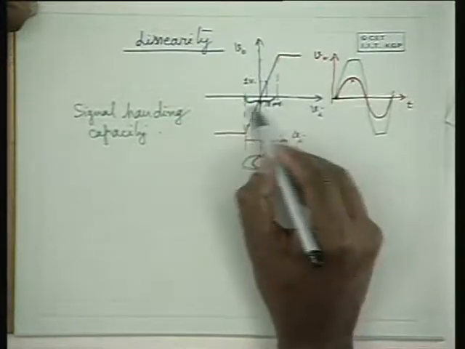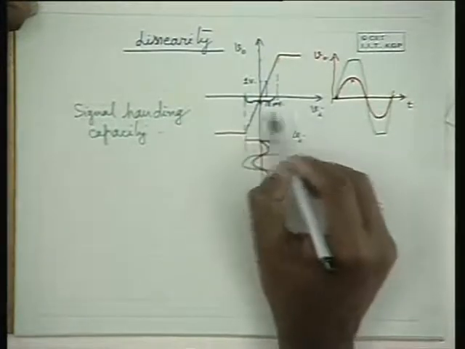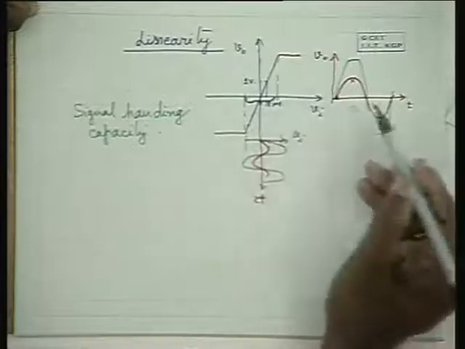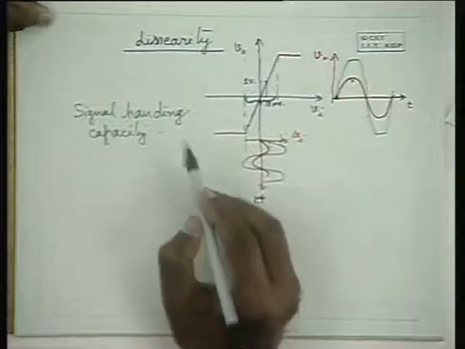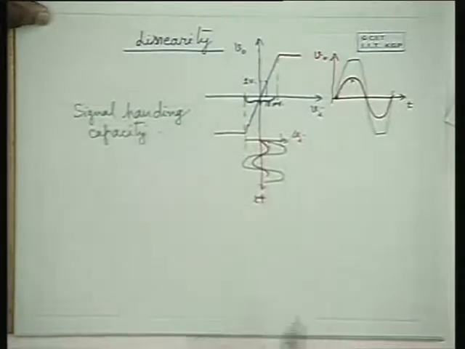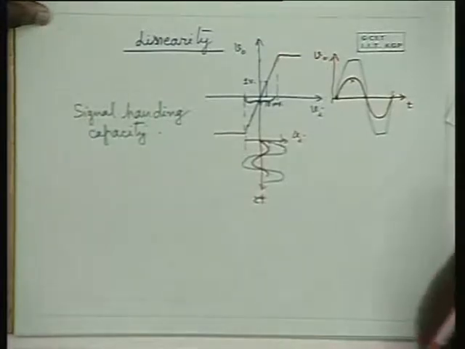And this input voltage range, for which output is almost a replica of the input, is known as the signal handling capacity. So naturally, on what does the signal handling capacity depend? On the supply you use, on the Q point you select.